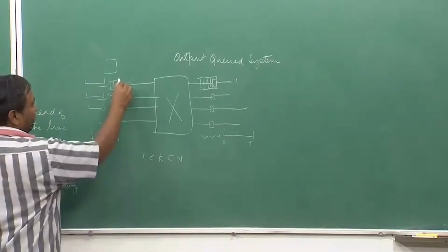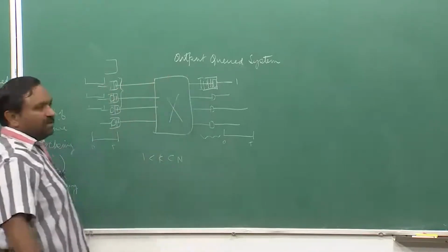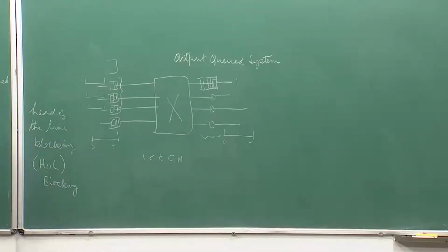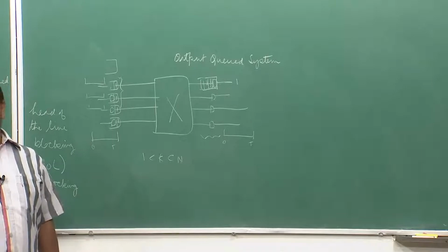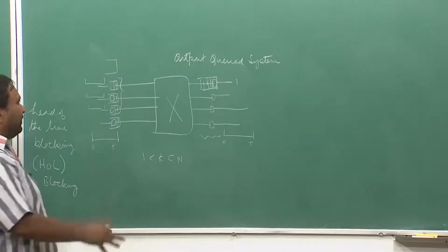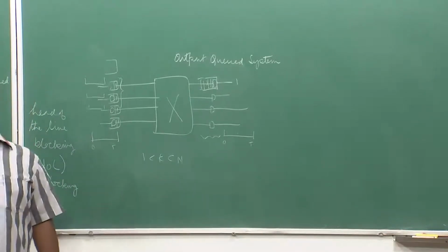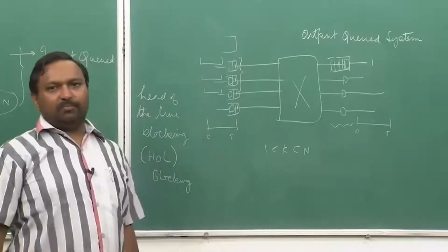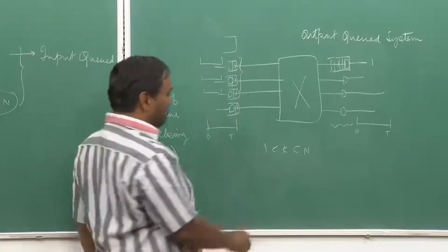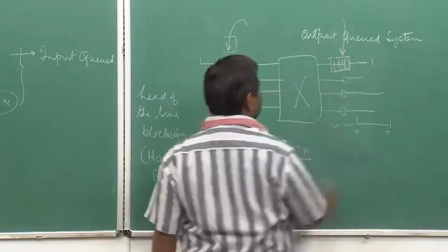So as long as k packets are contending, you will be able to push them out to the outgoing output buffer, but the moment you have k plus 1 contending packets for the same outgoing port, k of them will be passed on to the buffer, and the remaining ones you have to hold here in the input buffers. So in this scenario you will require an input buffer as well as an output buffer.